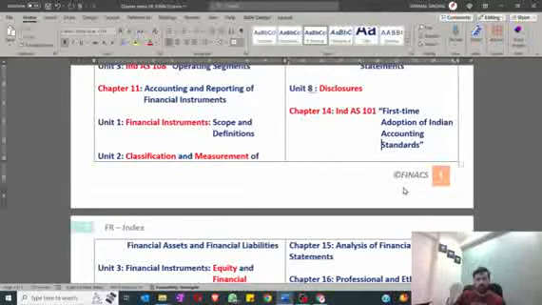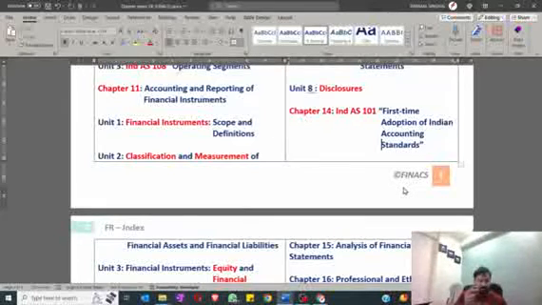Here I would like to tell you one more thing. The 101 series in Indian accounting standards, which is in hundreds, 101, 102, 103, 104, is convergence from IFRS, or adoption of International Financial Reporting Standards. And the series which starts with 1, Ind-AS 1, Ind-AS 2, Ind-AS 3, Ind-AS 4, is a convergence from IAS, or adoption of International Accounting Standards.